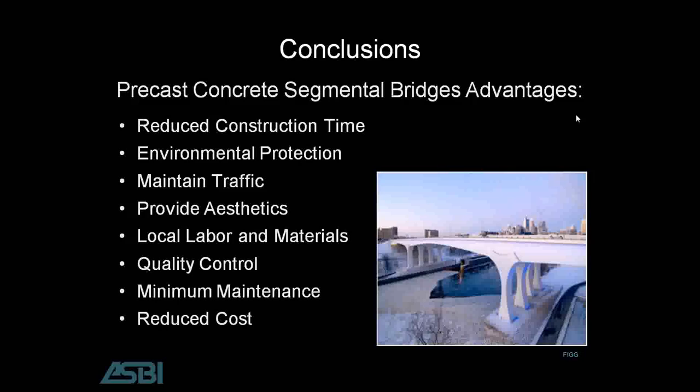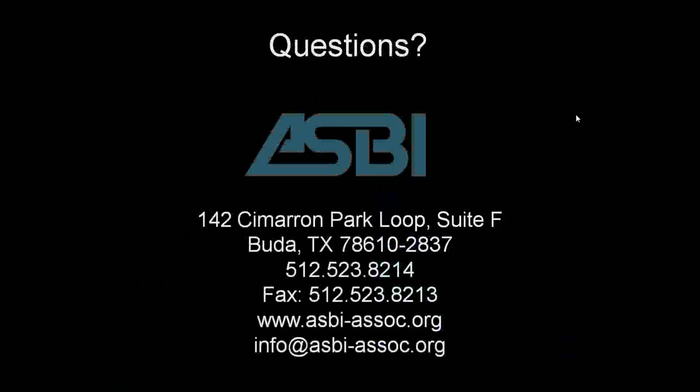Quality control in the precasting operations is greatly enhanced because you're in an industrialized process, generally enclosed in many cases within work sheds, where you can work year-round and not be concerned about inclement weather. Because these structures are constructed out of a very durable material, there are minimum maintenance requirements for lower life cycle costs, and all of those points result in reduced costs for segmental bridges.